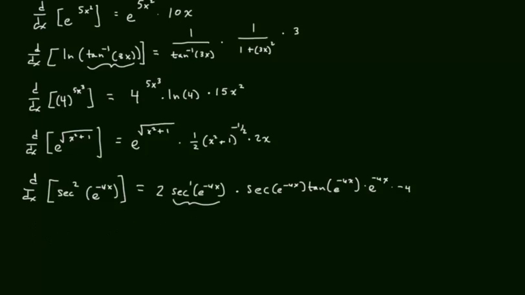Nice. Okay, the derivative with respect to x of log of natural log of x. In the absence of a written log, it's assumed to be base 10. So what I like to do is just change the base in my mind. So this is going to be the natural log of the natural log of x over natural log of 10.